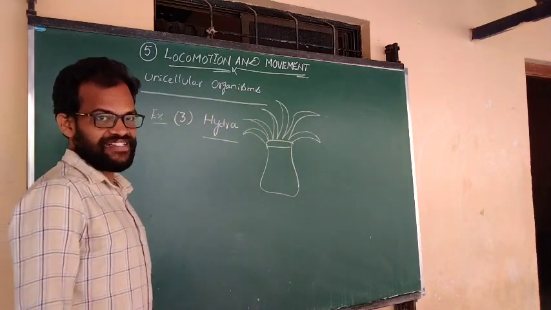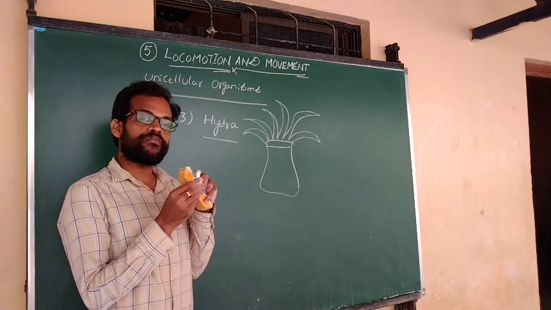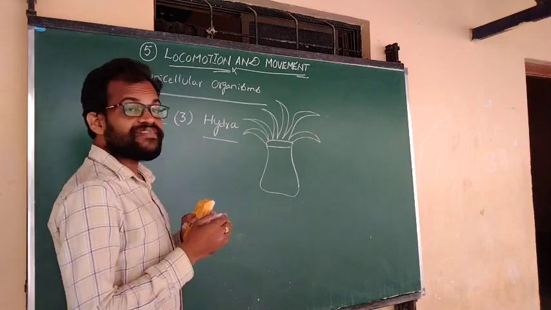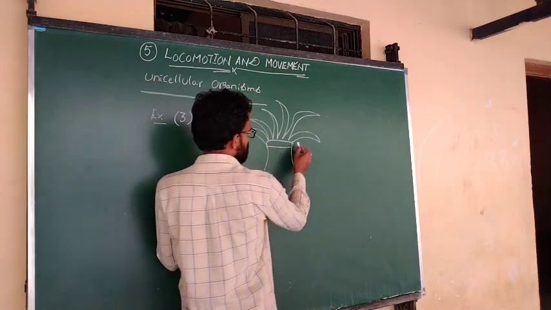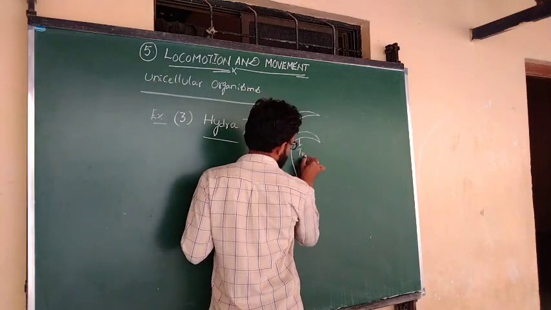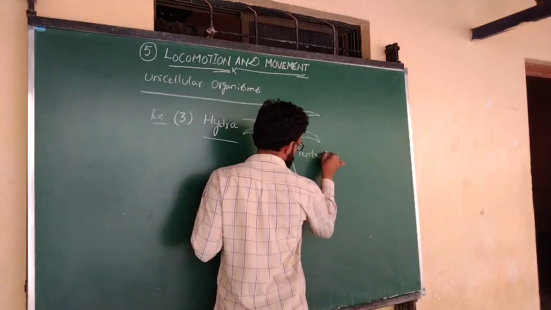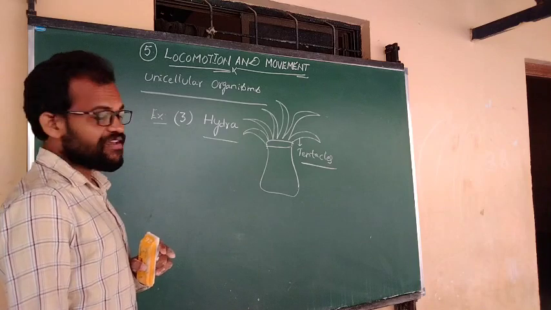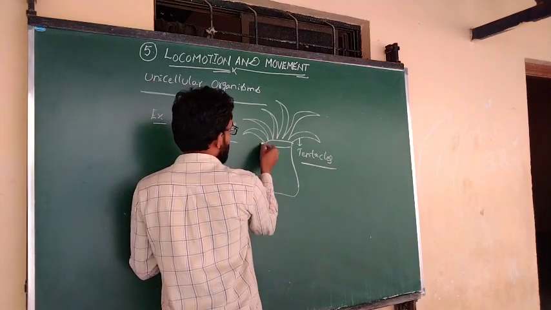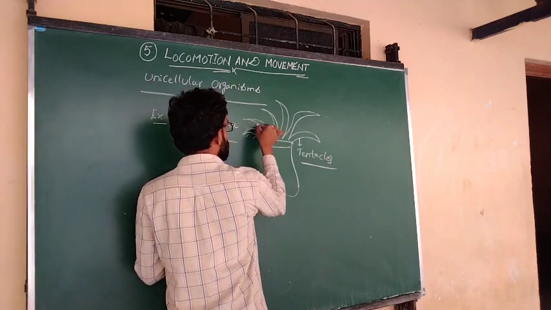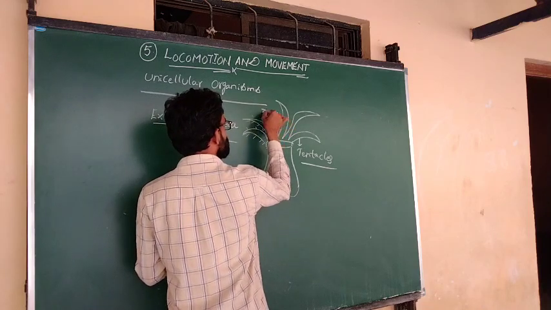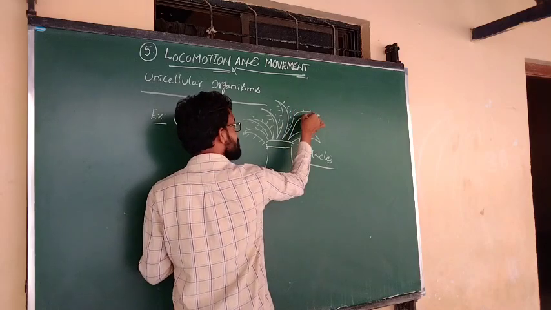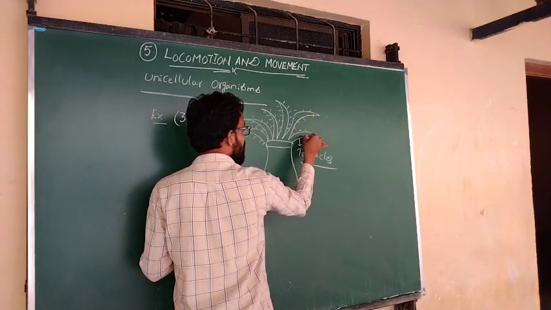If you observe the Hydra, the superior part is known as the mouth part, the hypostome, and the tentacles. With the help of tentacles, what is the function of these tentacles? These are the locomotory organelles present in the Hydra.